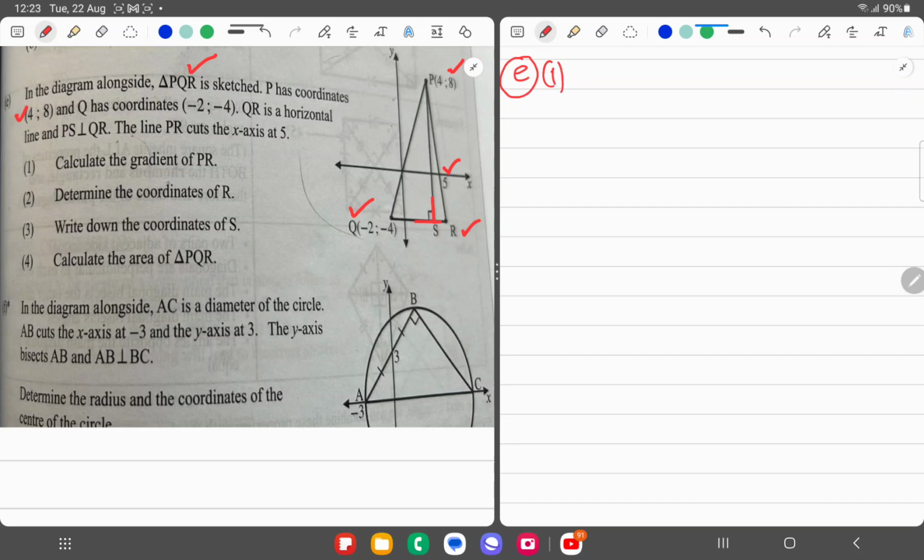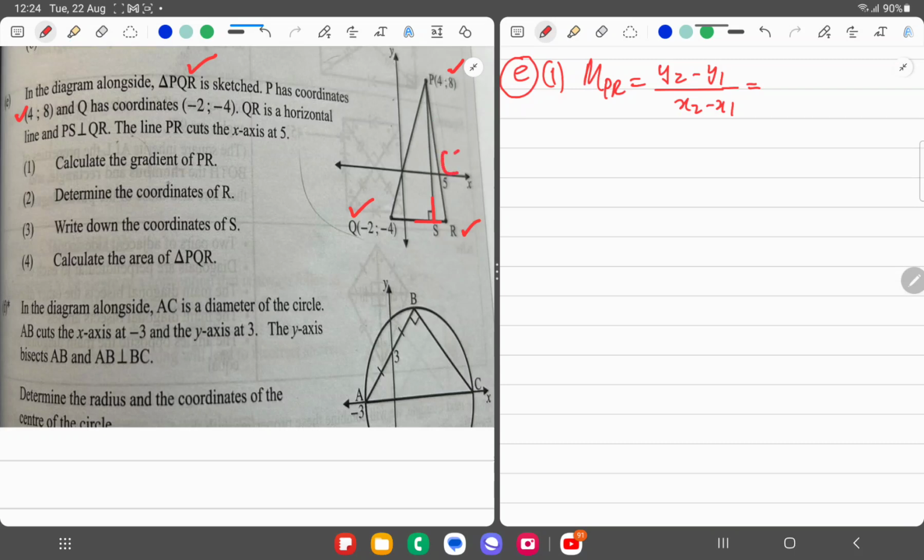E1. So you need the gradient of PR, which means it is y2 minus y1 divided by x2 minus x1. Now if you're looking for the gradient of the line PR, we do not know the coordinates of R, but we know the coordinates of the intermediate point on the line PR.